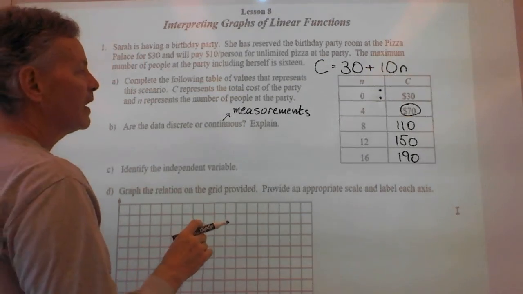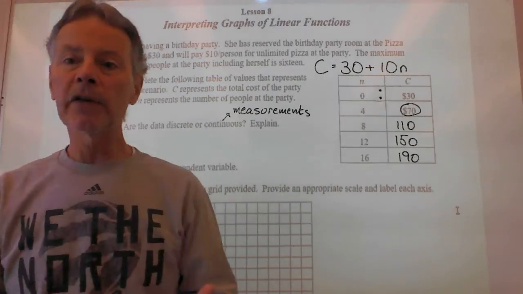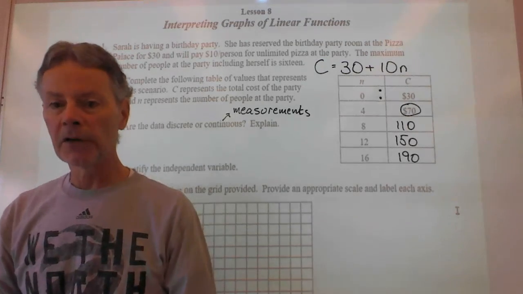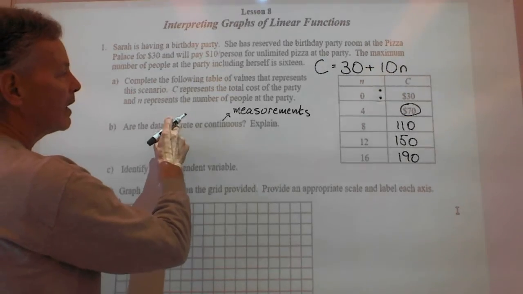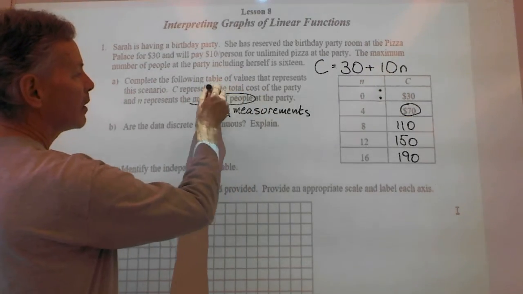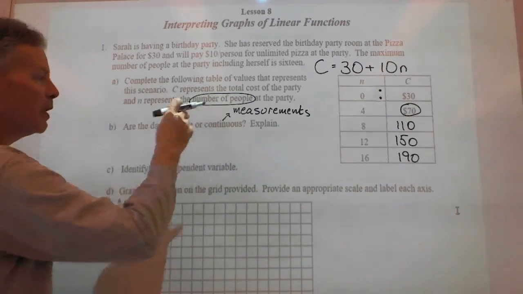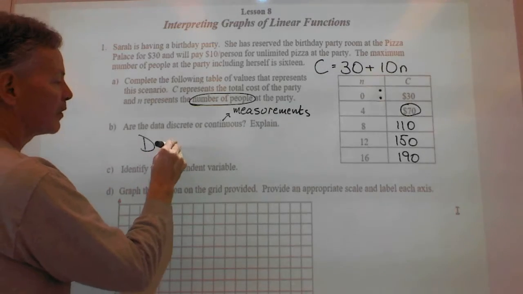Whereas things like people, things that are not divisible, you can't have a half a person without a lot of blood spilled. Okay? So because one of our variables, our variable n, is number of people, we would say the data are discrete.